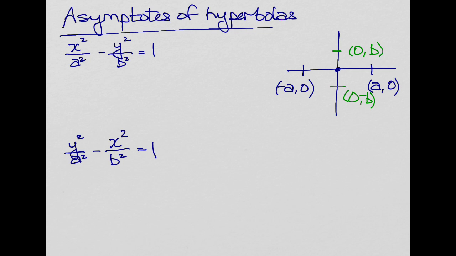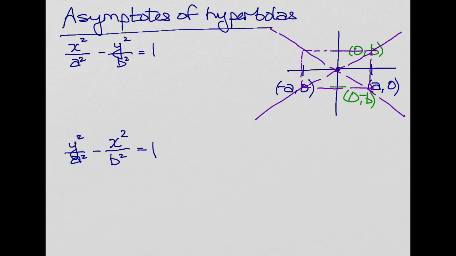I'm going to use those 4 points to draw a rectangle that goes through all 4 of them. My asymptotes go through the center of that rectangle and through the corners. So there's one with positive slope, and there's one with negative slope. Those are my 2 asymptotes.